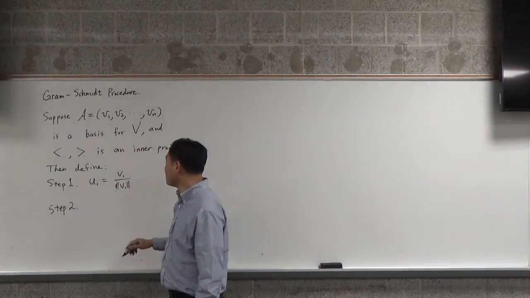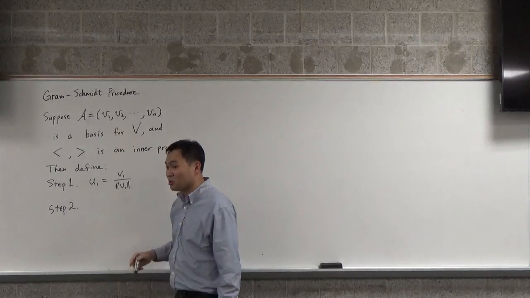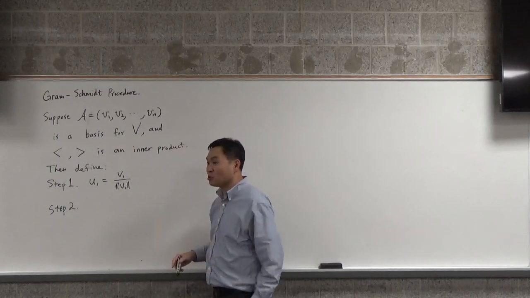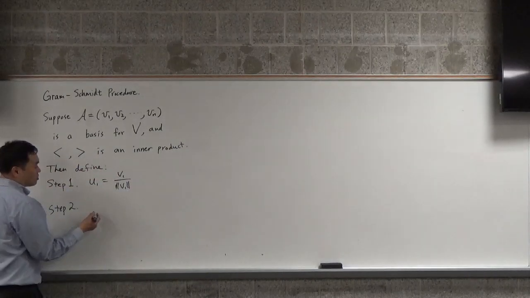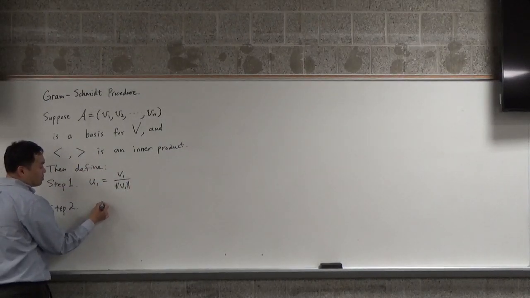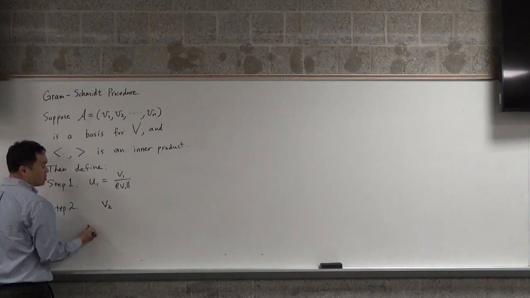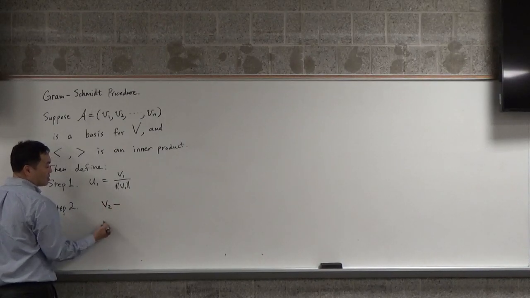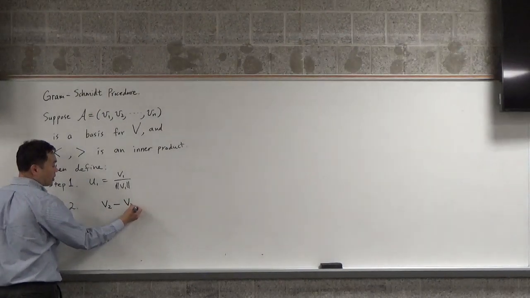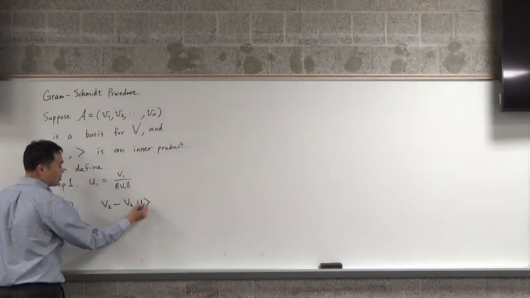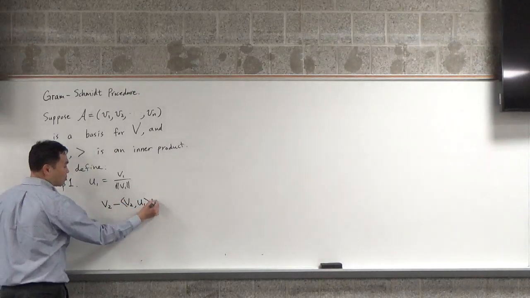Okay. Now, step 2. What are you going to do to make this second one orthogonal to u1? Well, what you do is you take v2, subtract the inner product of v2 and u1 times u1.